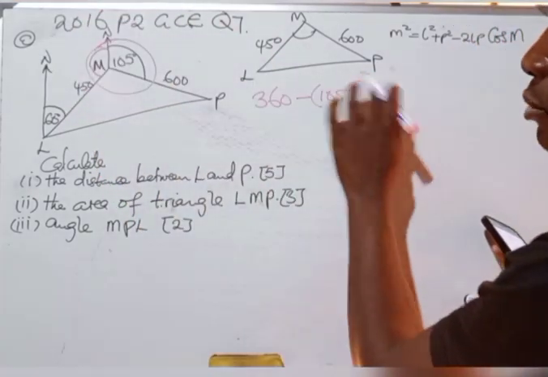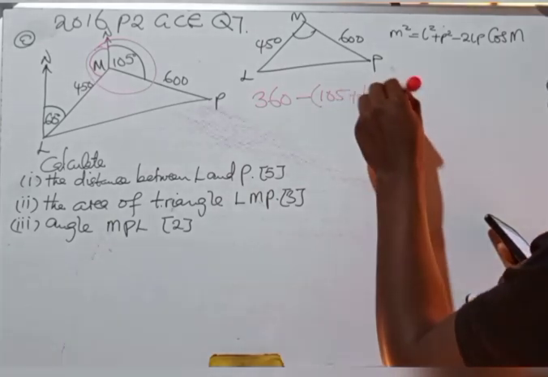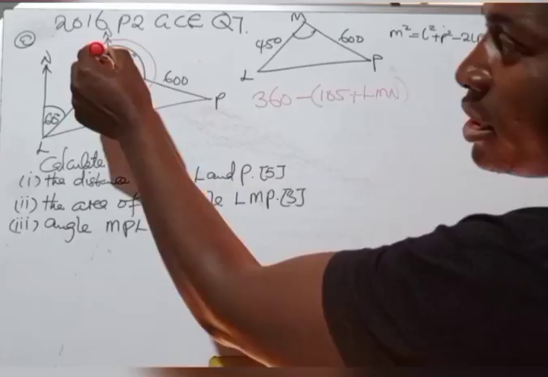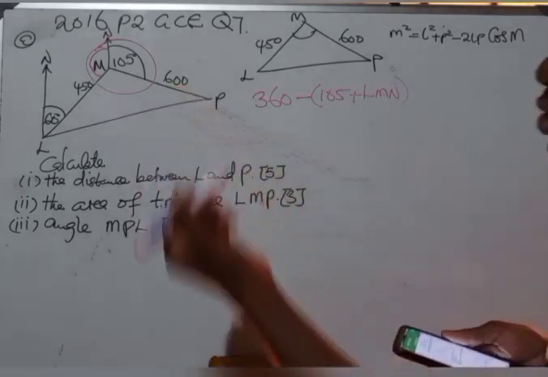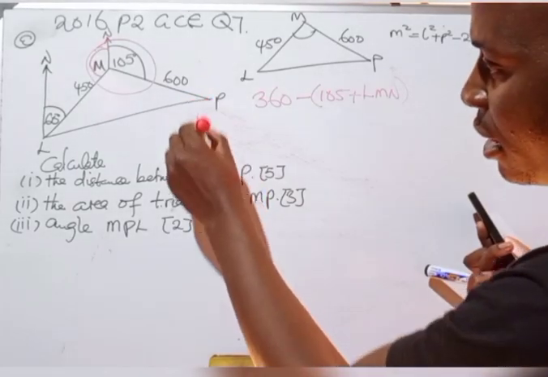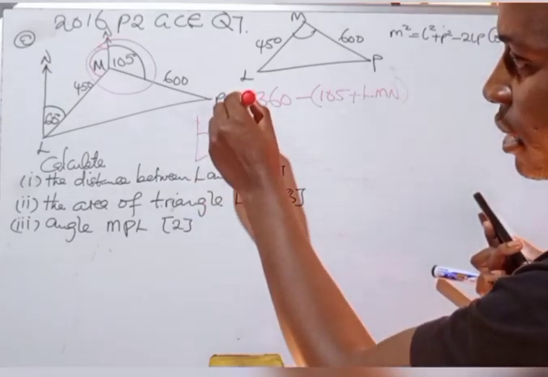This angle M, maybe I put it this way, angle A, L, M, and N, like that. What is this angle here? Now, how are we going to know this angle? Because we don't know it. We are going to know that angle by using the angles in parallel lines. They add up to 180.